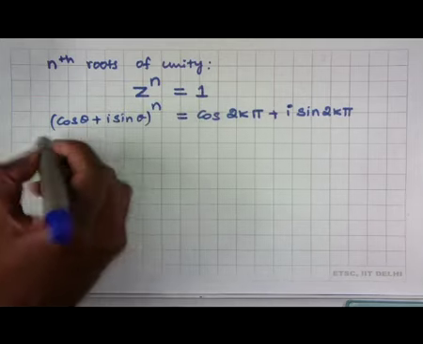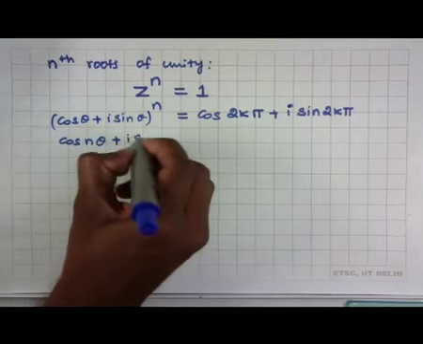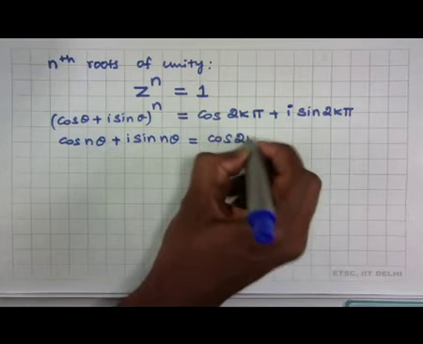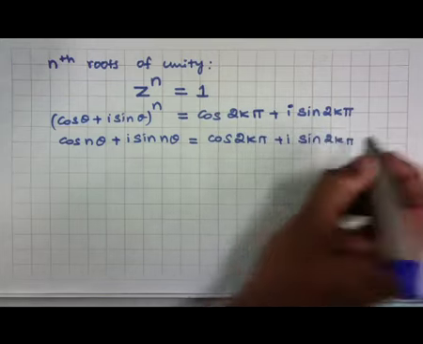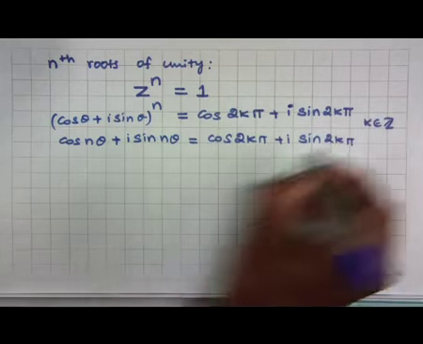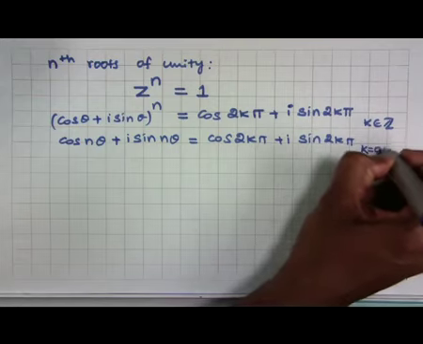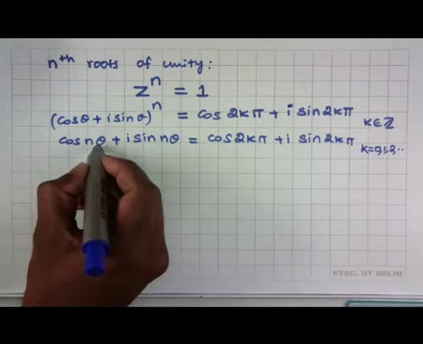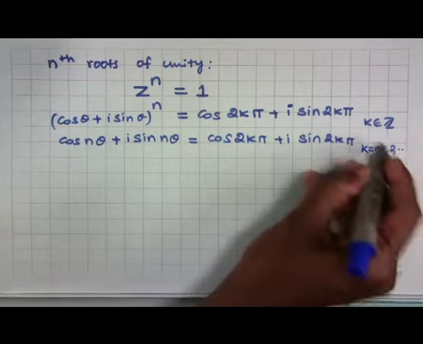By De Moivre's law, this is cos n theta plus i sin n theta, which gives cos 2k pi plus i sin 2k pi, where k is an integer. For simplicity, we are going to just go from 0, 1, 2 and so on. So, from this we would like to ask what are all the theta values for which this equation is satisfied for some k belonging to the integers.